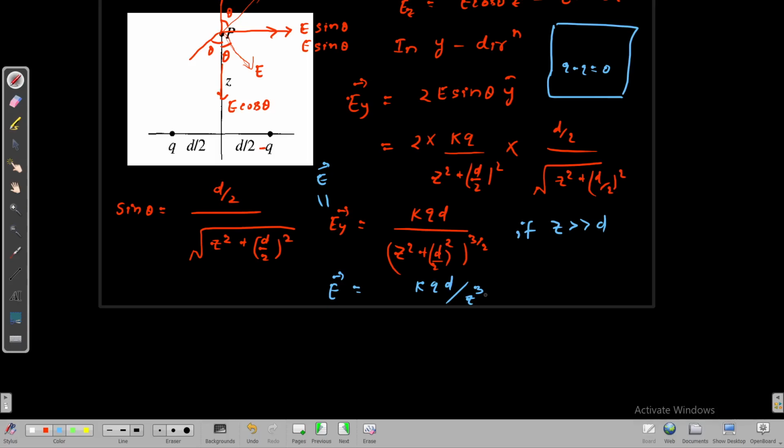But z is very, very greater than d. So z is so large that it will be approximately 0. When you say dipole, you must have read about dipole. What if z becomes very, very greater than d? At one point of time it will be 0. That's how you can think of it.